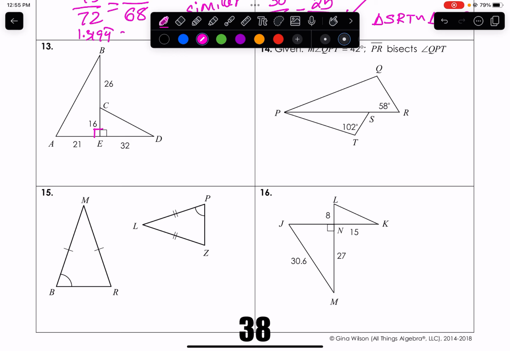So if that's a 90-degree angle, then that's a 90-degree angle. So we would have to check 16 over 26 is equal to 21 over 32. No, wait, I'm messing that up because I have to do biggest with biggest. So if we say this is new and this is original, it's 26 plus 16, which is 42, over 32, equal to 16 over 21.